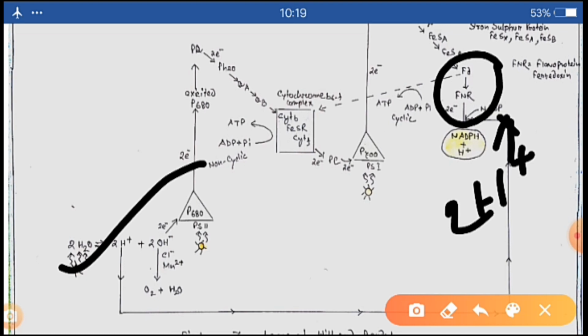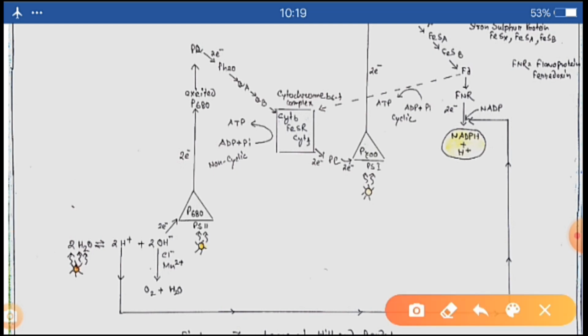That is, FNR is flavoprotein for ferredoxin. And from FNR, electrons will be transferred to NADP. So by receiving electrons, NADP will be converted into NADP minus.